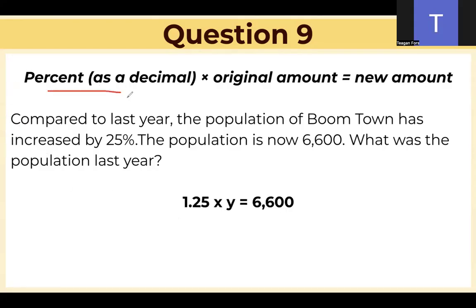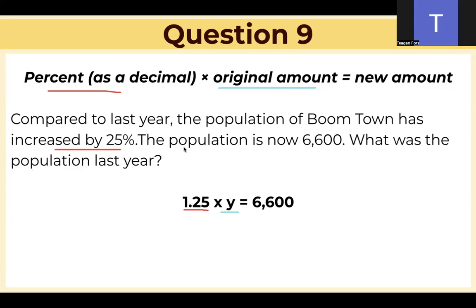The percent as a decimal. Boomtown has increased by 25%. So last year was our original population. The population we currently have now is our new population, and there was an increase of 25%. So I used the decimal 1.25 because we are going up, we're getting bigger. I don't know what the initial population was last year. So my original amount we are representing by y because I don't know what the original amount was.